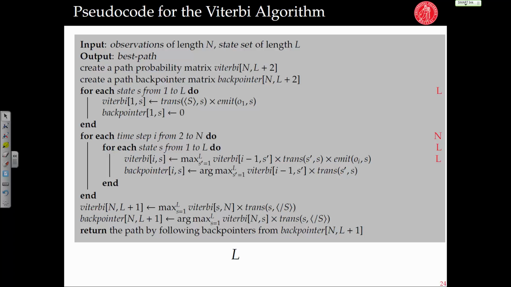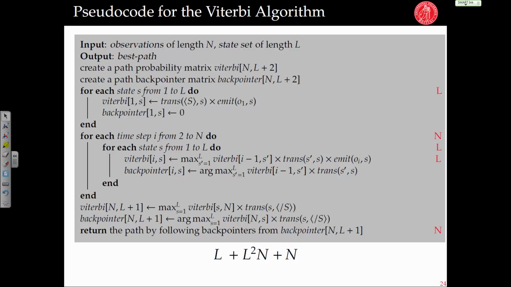So we have the complexity here. There are actually three loops. We have L to the power of 2, quadratic L, multiplied by n. And then we have one for the back pointer. When we trace back the path, we have one loop of n.